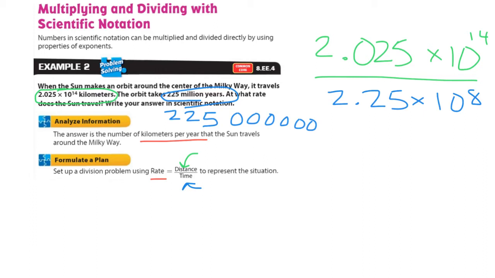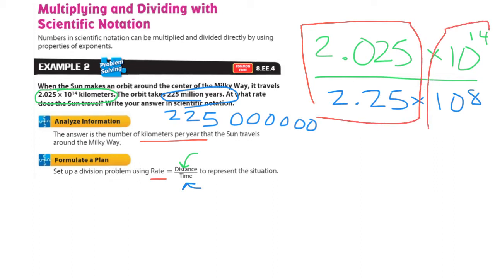So what you're presented with now are actually two problems. You have this set of numbers you're going to divide, and this one that you're going to divide. So with your handy dandy calculator, 2 and 25 thousandths divided by 2 and 25 hundredths is going to equal 9/10.